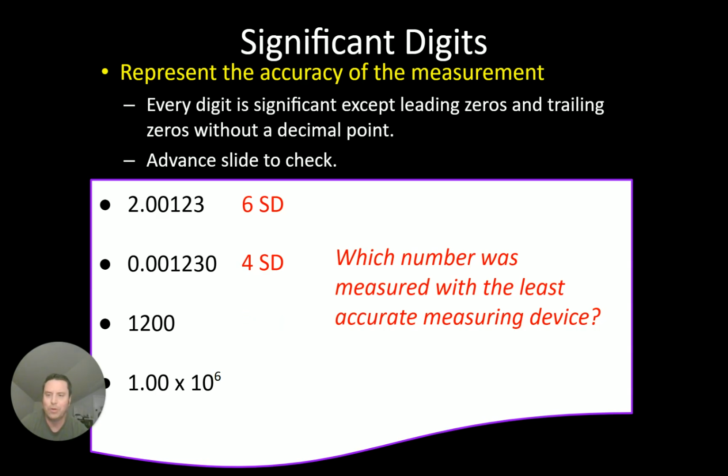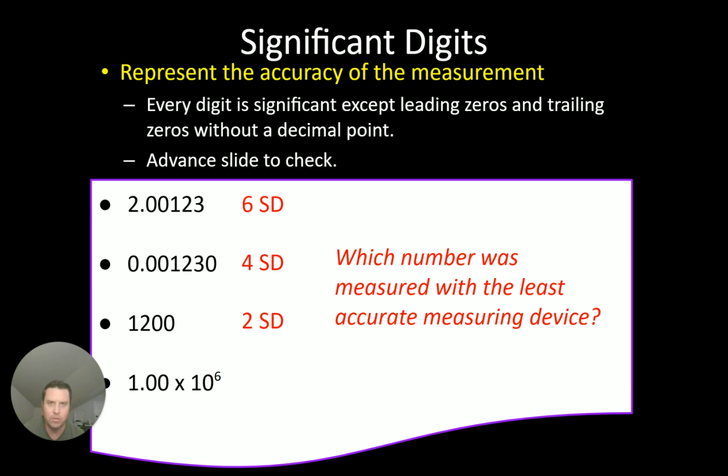It's telling you that it used a device that had four divisions on it. 1200, you saw the answer. 1200, there are trailing zeros, no decimal. They don't count. So you still need those zeros to tell someone that, hey, that's 1200. But they are not part of the accuracy. That measuring device only had two divisions on it. And then 1.00 times 10 to the sixth. The 10 to the sixth sometimes throws people off. That's just a million.